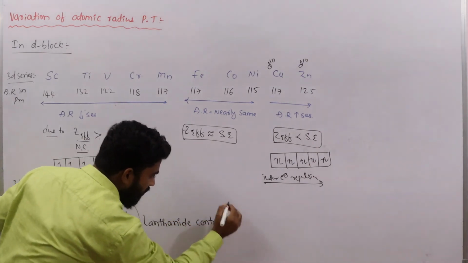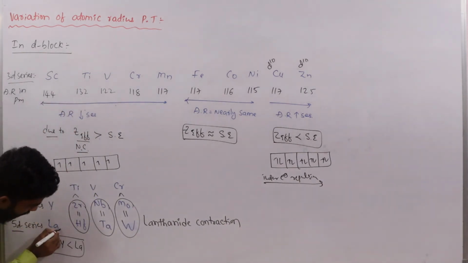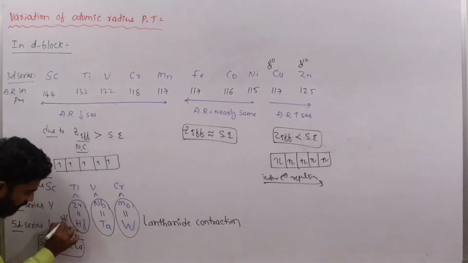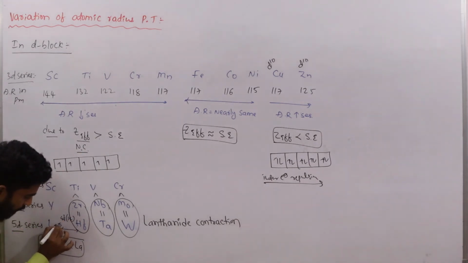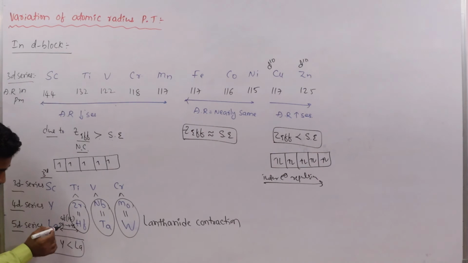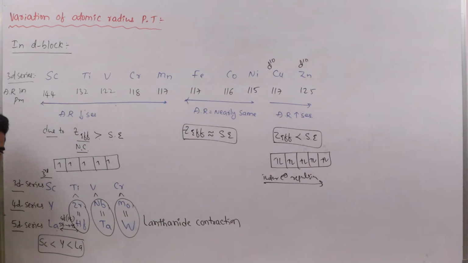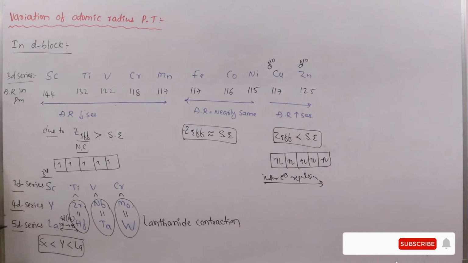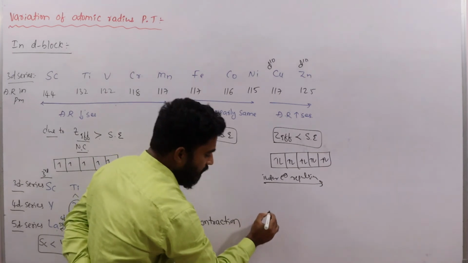So what is lanthanide contraction? Between lanthanum and osmium, 4F series elements, how many? 14 elements are present, from the 58th element to the 71st element. In these 4F series elements, electrons enter the 4F orbital.